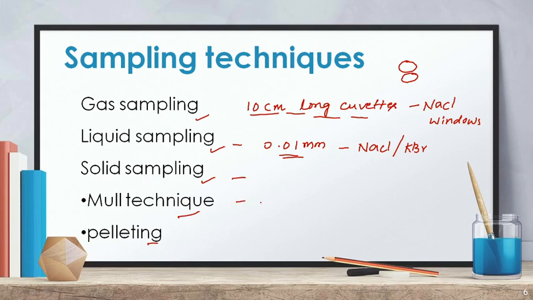Mull technique means making a paste. Mull means it is in the form of a paste. In this technique we use a compound known as Nujol. Nujol is a mineral oil.